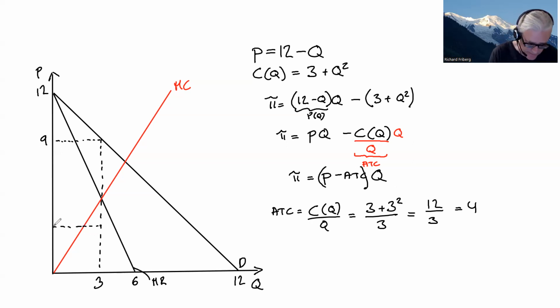So there's an average total cost curve. I can draw that. Here we're just doing it freehand. But essentially, I don't know exactly where we're drawing.